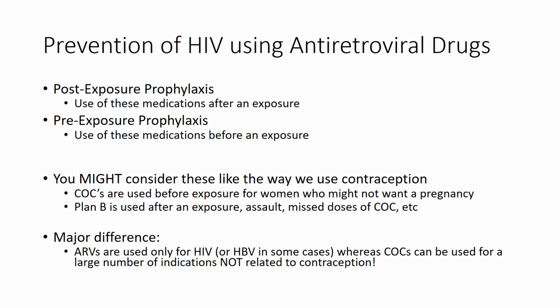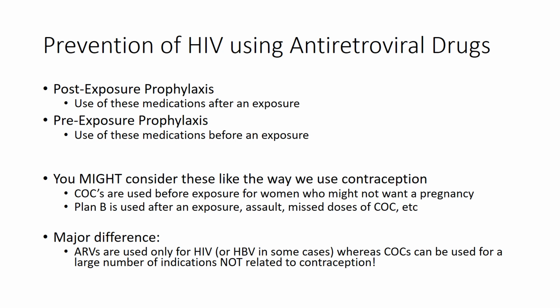We would then need to consider women who either were not taking or had missed doses of their oral contraceptive, or who had had an exposure, the condom slipped, or they were assaulted. There is the option of Plan B, or medications that you can take after the exposure to prevent pregnancy. We can consider these as examples of how pre and post exposure prophylaxis work.